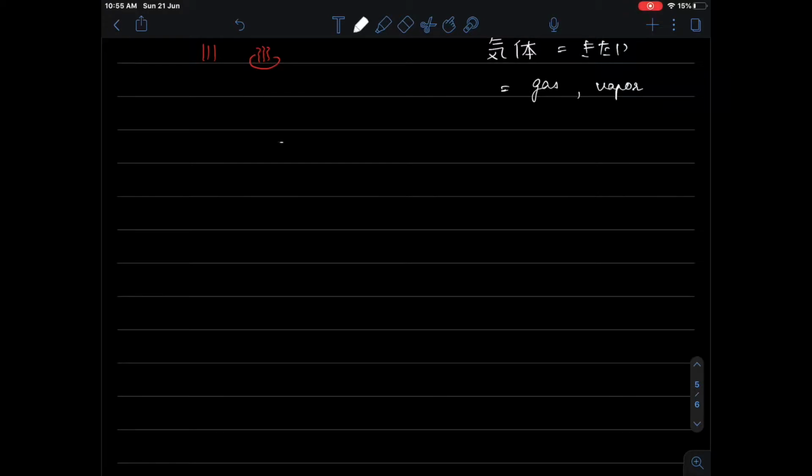Okay, let's have a look at the next one. This is taiki, which means big gas or big vapor. So what could we be talking about? We're talking about the atmosphere. The atmosphere. Okay.